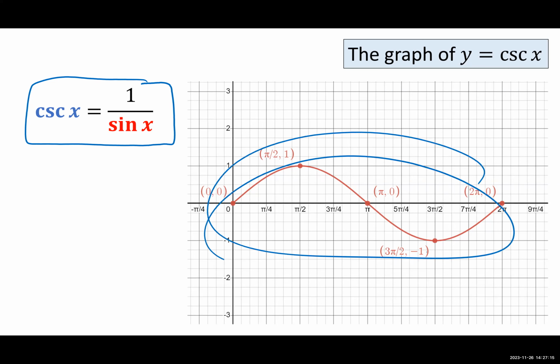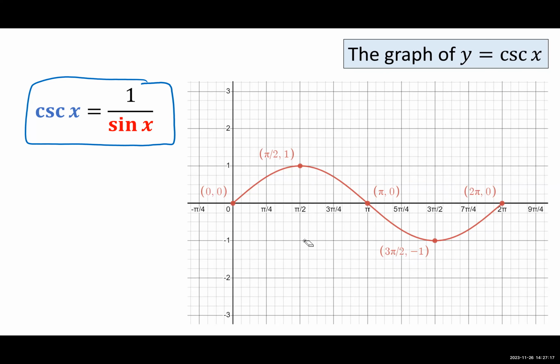If we look at the sine graph, as we approach 0 from the right, the y values are positive, but they're getting really, really small, closer and closer to 0. So 1 over a small number, as the denominator gets really, really small, this fraction goes to infinity.